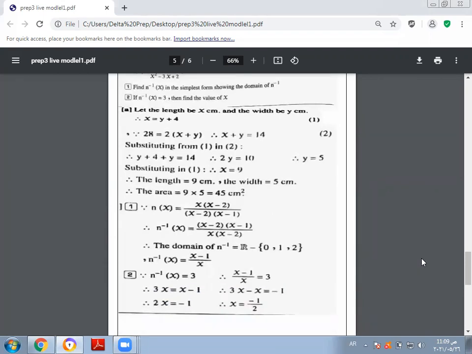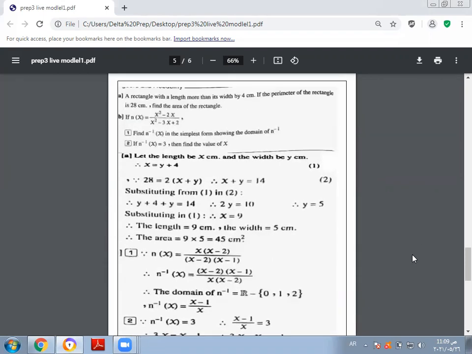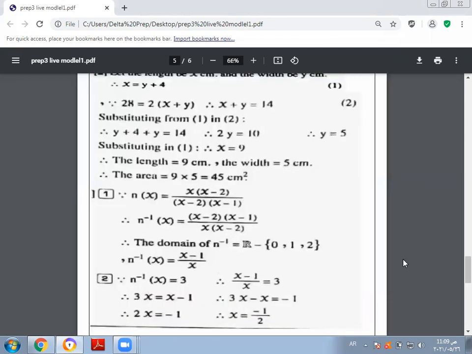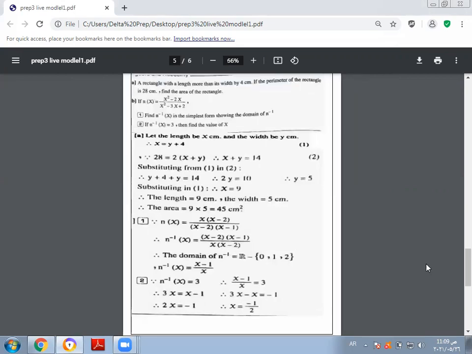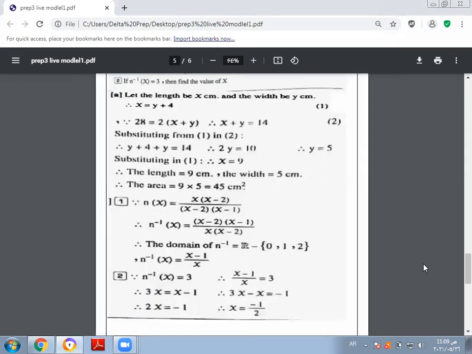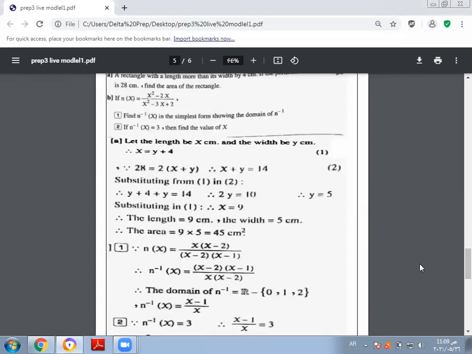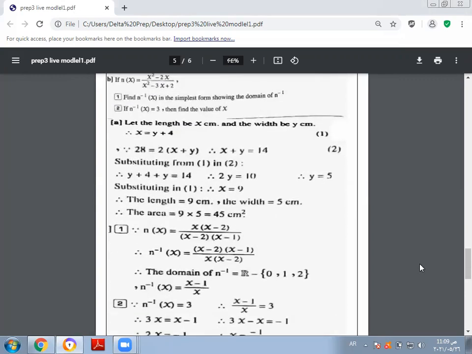Second question. Third question, we want to find the multiplicative inverse of n of x.